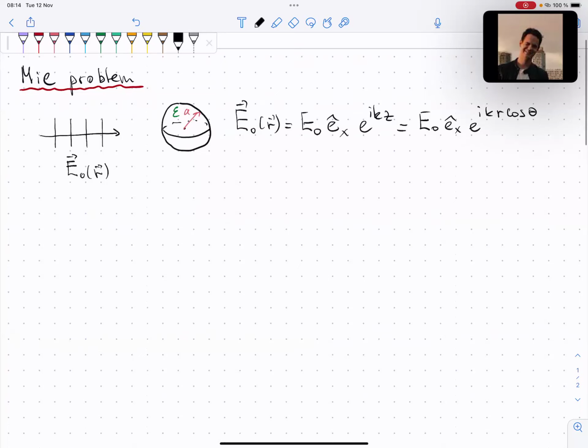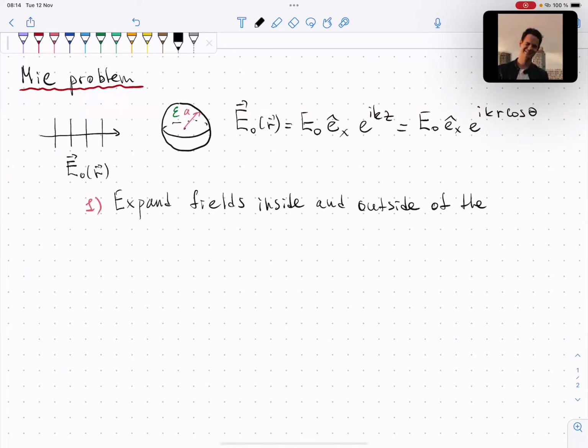The first step is we expand fields inside and outside of the resonator in vector spherical harmonics.